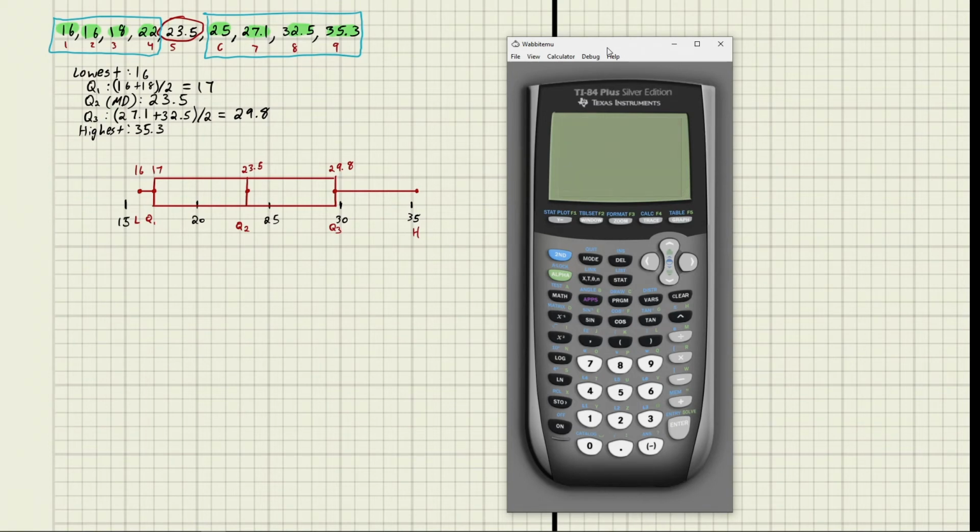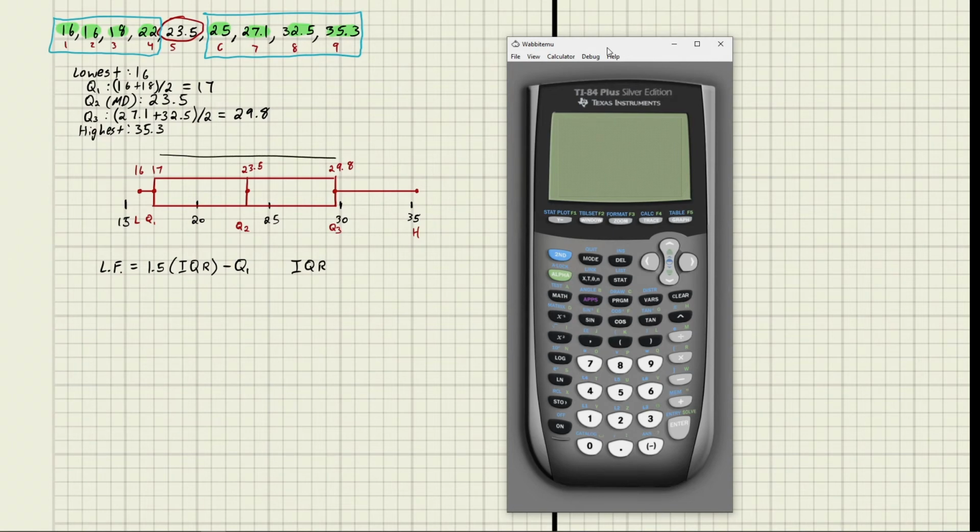So we've got outliers, and we're going to use a lower fence. The lower fence is going to be equal to Q1, our first quartile, minus 1.5 times the interquartile range. The interquartile range is the length of the box.